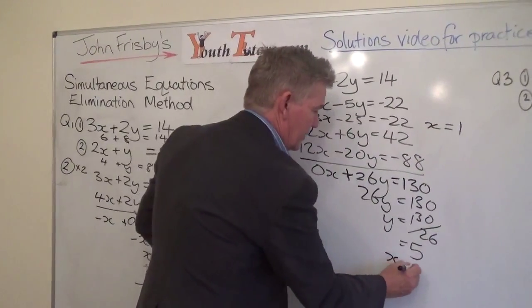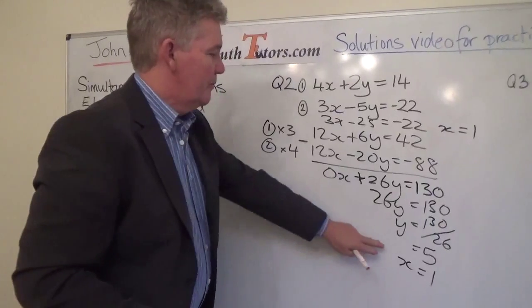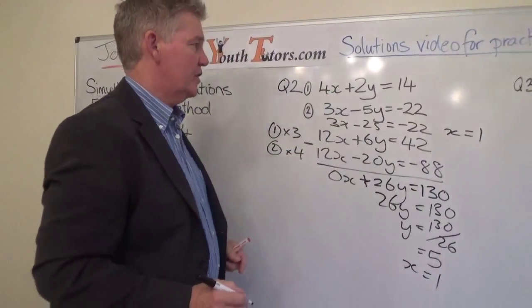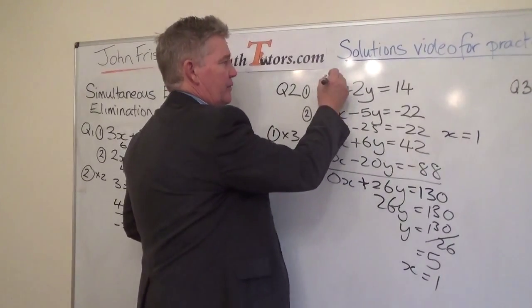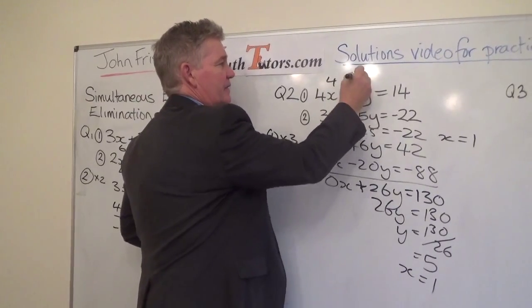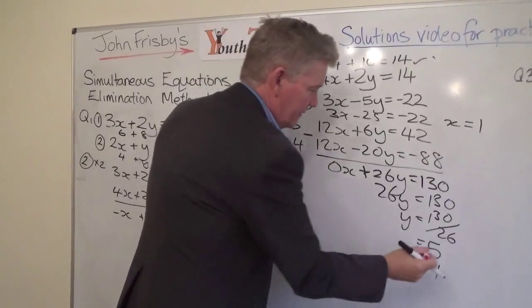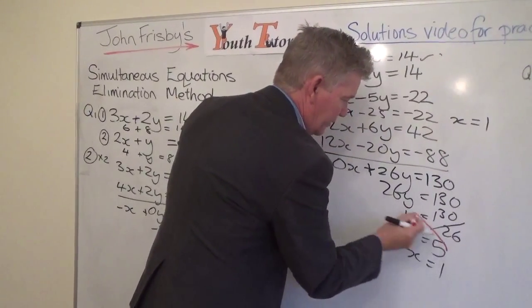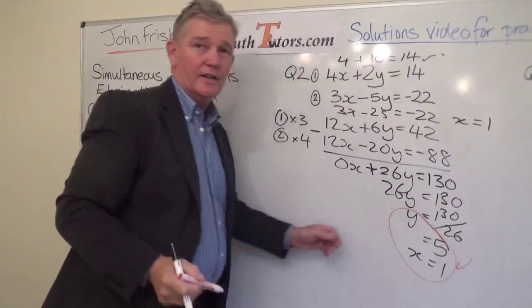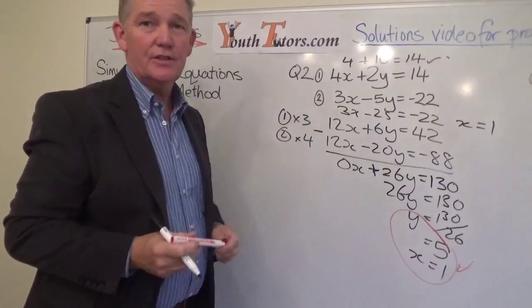So x would equal 1. Put both of those into equation 1 and we'll get 4 times 1 is 4 plus 2 times 5 is 10 equals 14. And these two, y equals 5 and x equals 1, are the correct solutions for question 2.